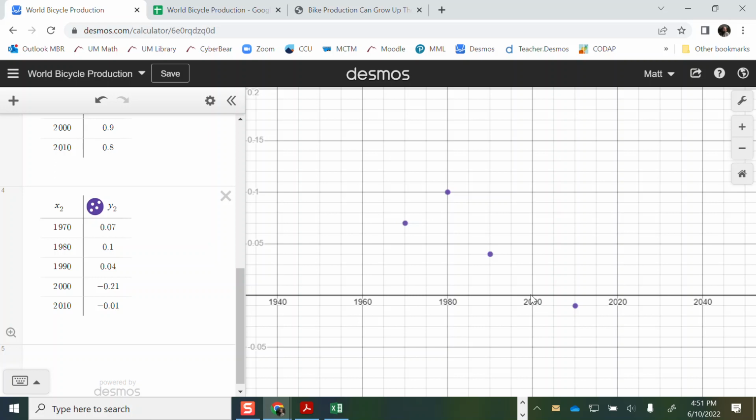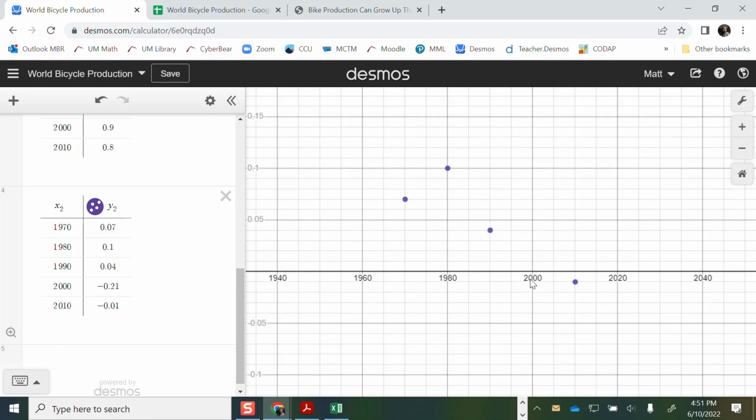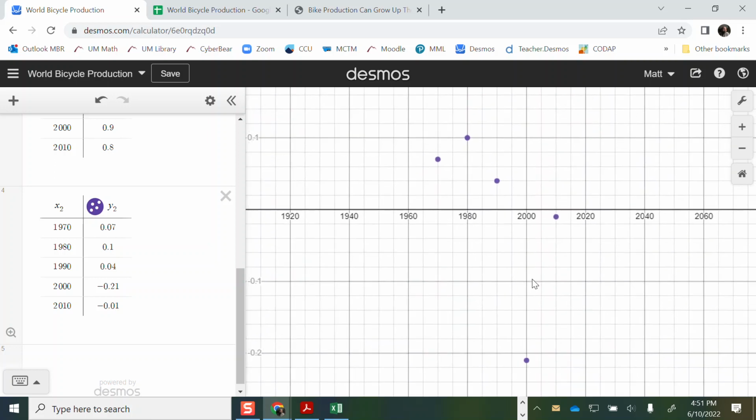I think it's buried. Oh no, it's off the charts. That's right. There's 2000. It's boom, and then back up. So in other words, there was this real big change in the rate of change of the rate of change of bicycle production in between, I guess, 1990 and 2010. 2000.